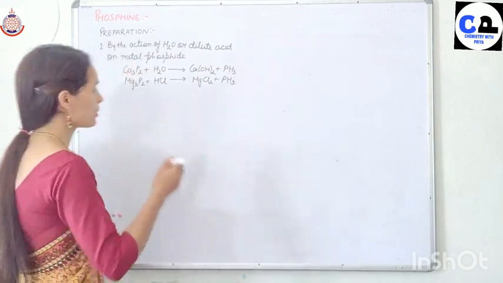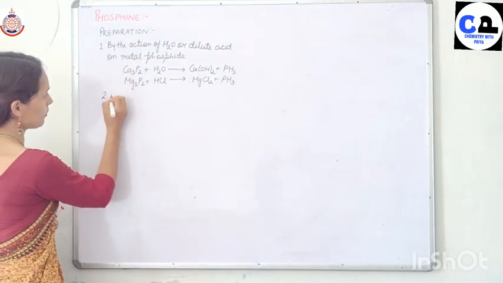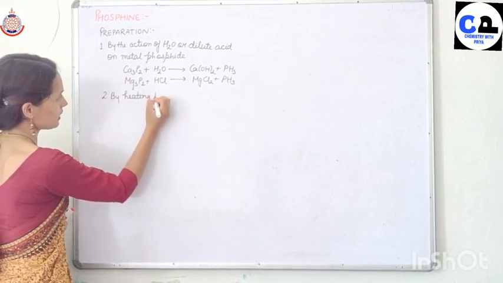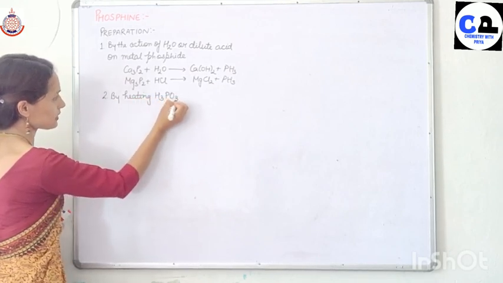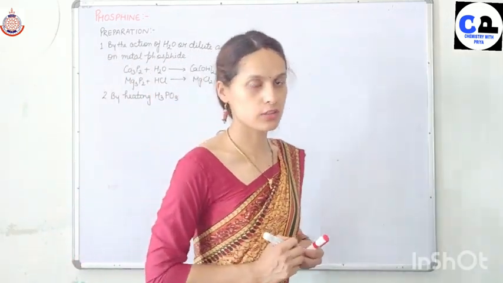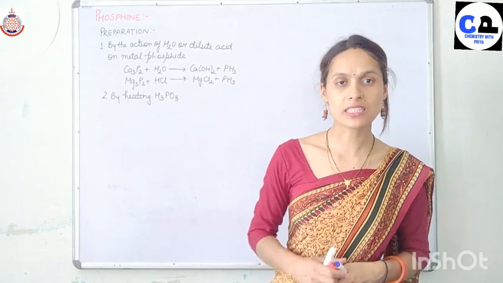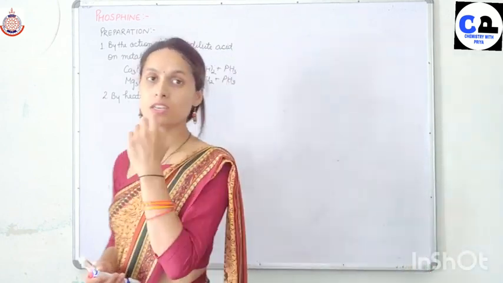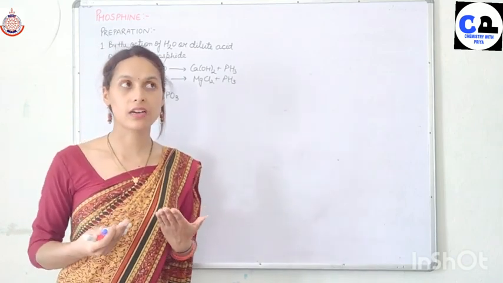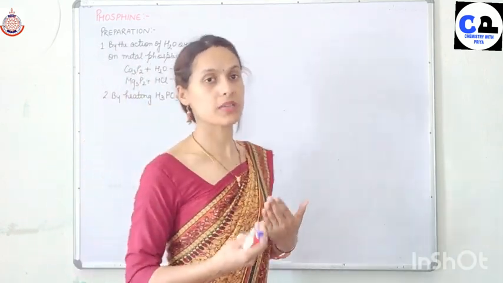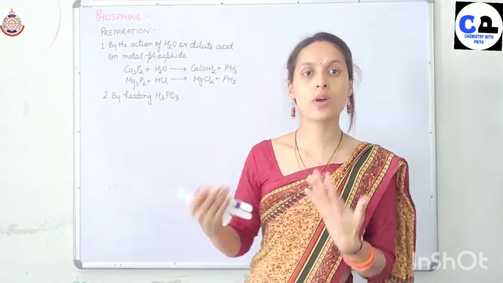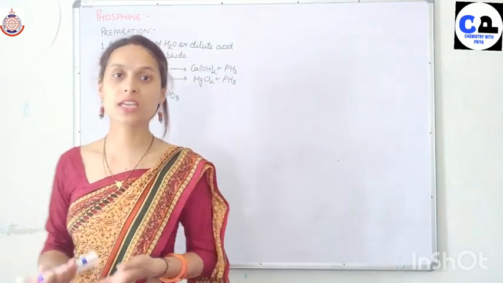Now the second method is by heating phosphorus acid, that is H3PO3. We studied previously that H3PO3 on heating undergoes a disproportionation reaction. If we talk about H3AsO3, H3SbO3, H3BiO3, then down the group the tendency to undergo disproportionation decreases.